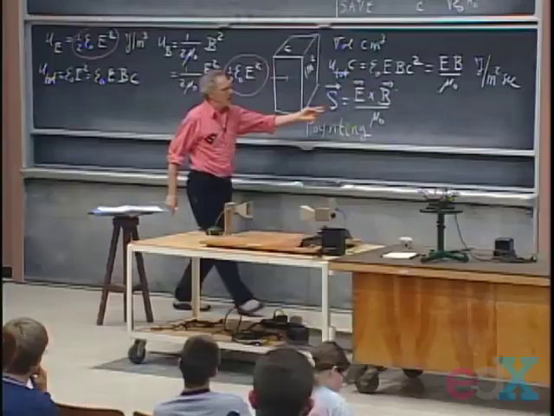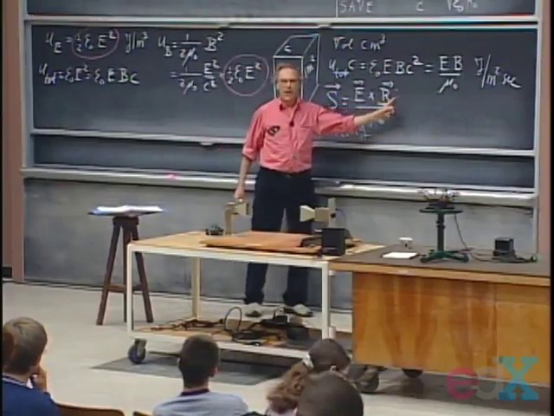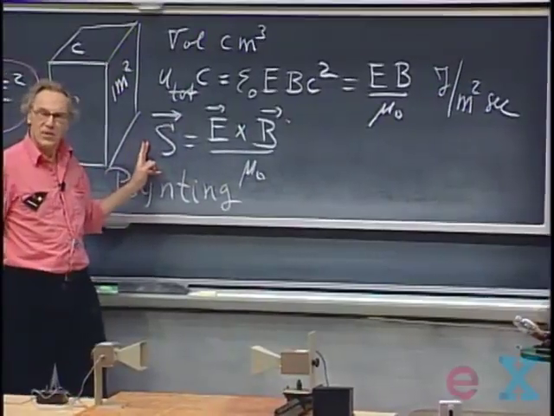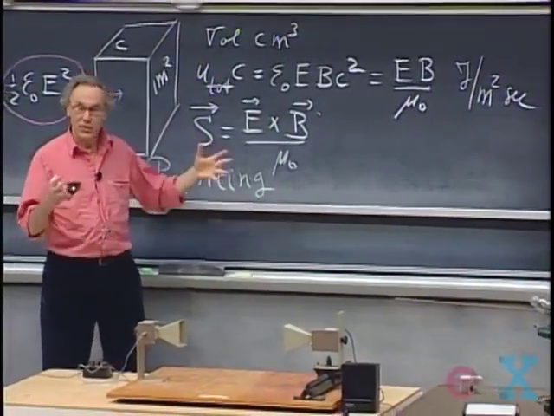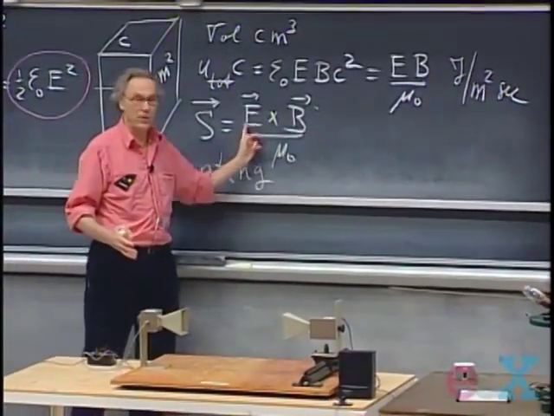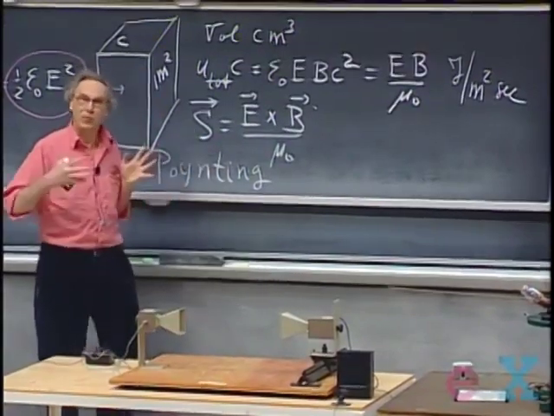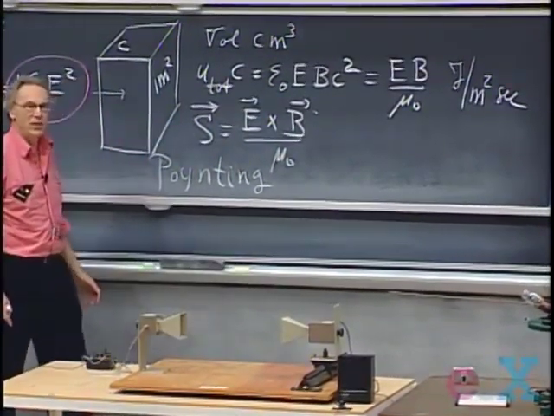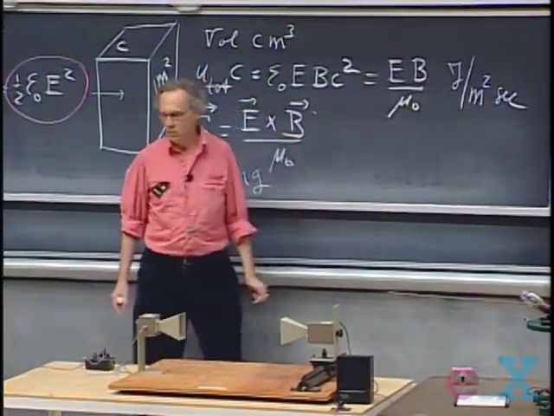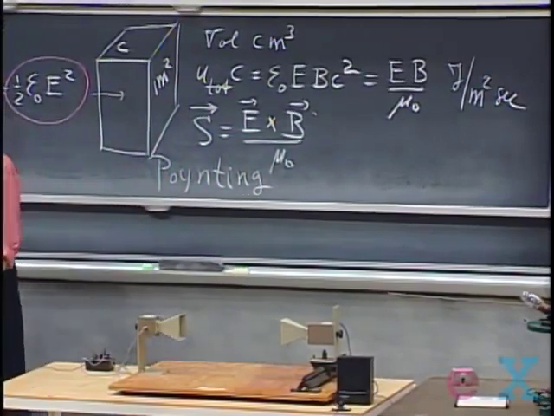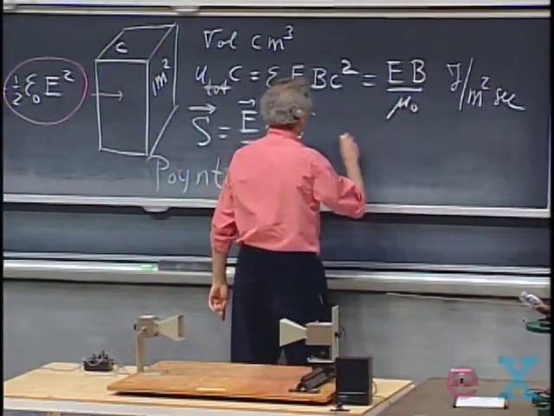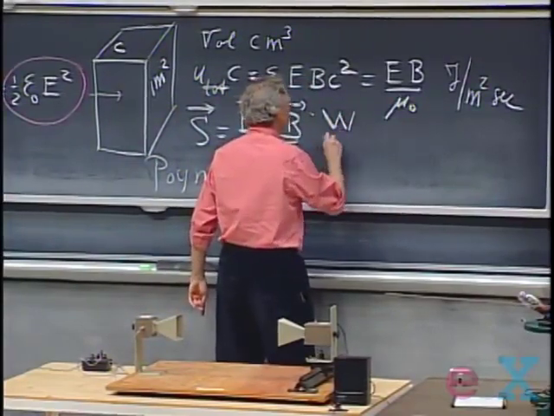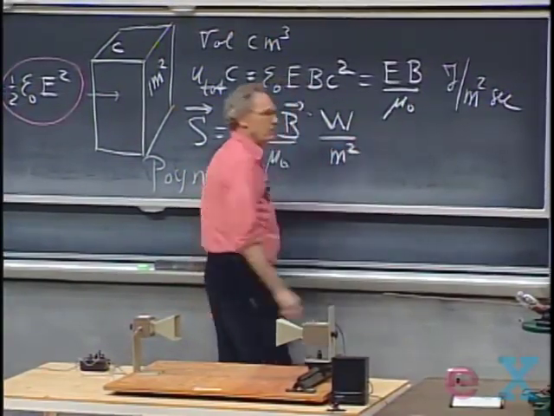The advantage of this notation is that S, which is the energy flux, goes in a certain direction, and the velocity of the wave is always in the direction of E cross B. So it also tells you then in which direction the radiation is flowing, whereas here you lack that information. And so this then, to remind you, is in these units, which is watts per square meter.